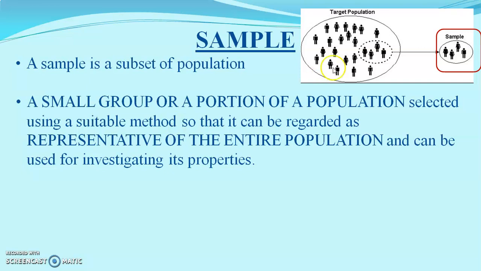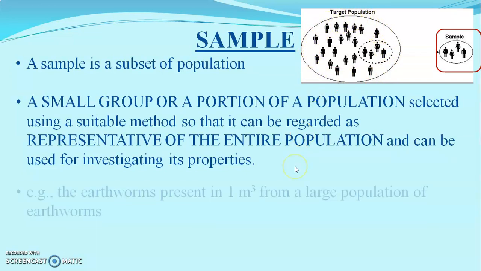There are different methods to select the sample. It's one of the methods used so that it can be regarded as the representative of the entire population. These four individuals are regarded or considered as the representative of the entire population and can be used for investigating its properties. These four individuals can be used for investigating the properties of the whole population.